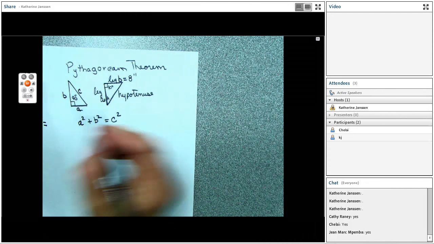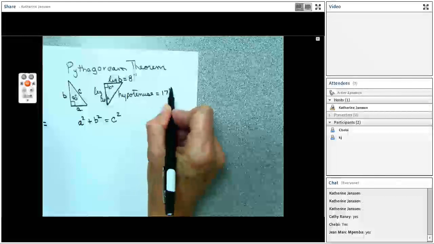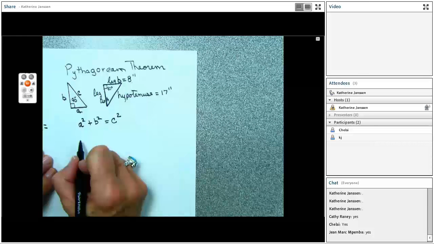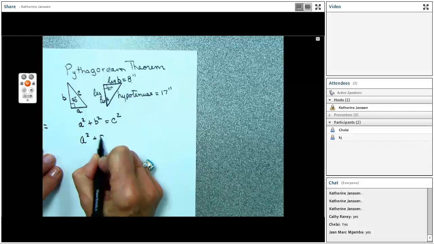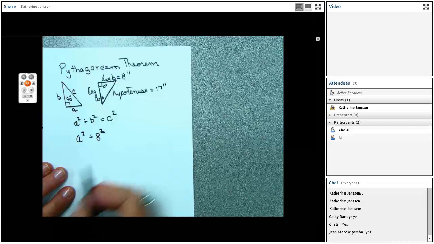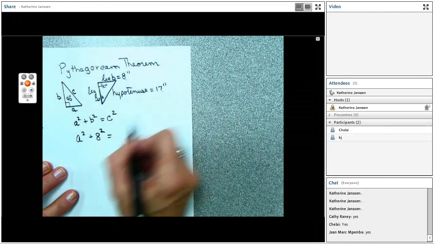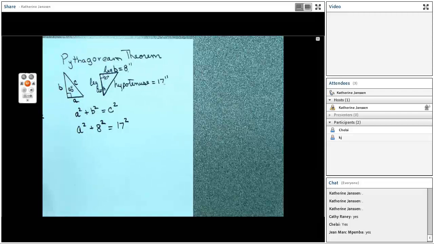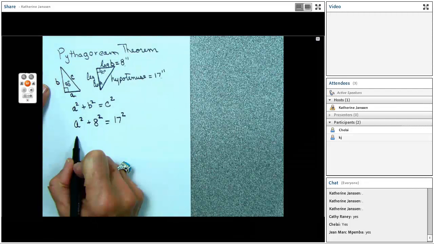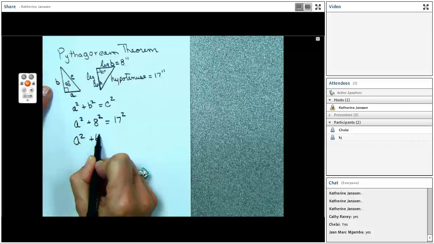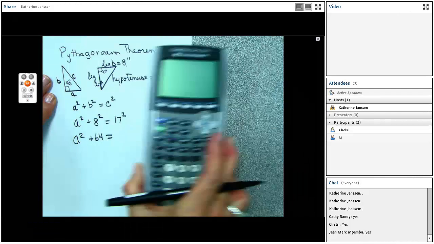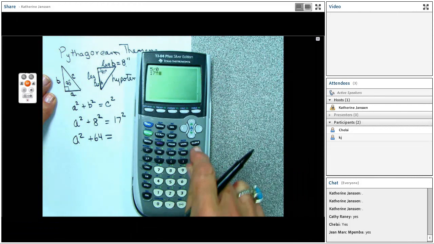And the hypotenuse is equal to 17 inches. So substituting, leg B is 8 inches. C is 17, but we need to square it. 8 squared is 64. And 17 squared is 289.